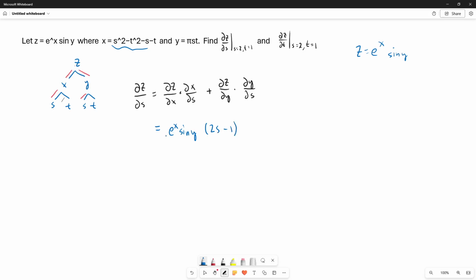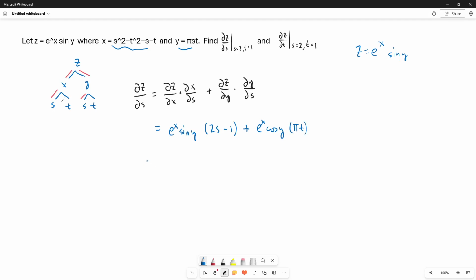So this is the partial derivative of z with respect to x times the partial derivative of x with respect to s. And then we have plus the partial derivative of z with respect to y. We'll get a cosine y, so it's e to the x cosine y times the partial derivative of y with respect to s. y is equal to pi st, so the derivative with respect to s is pi t.